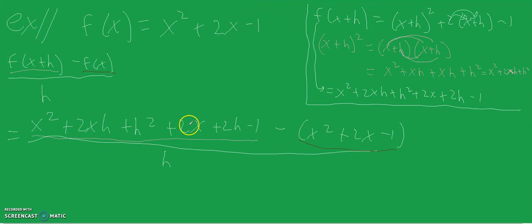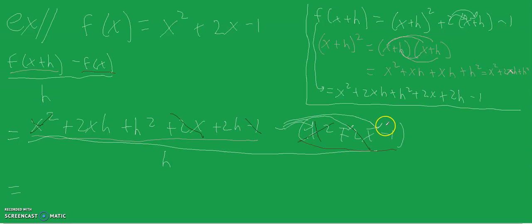Okay, so if I distribute this minus sign in here, I'm going to skip this step because I'm running out of room. So I would get x squared minus x squared. So the x squared terms cancel each other out. I'm going to get plus 2x minus 2x. So these are gone. Then I'm going to get minus 1 minus negative 1, so minus 1 plus 1.